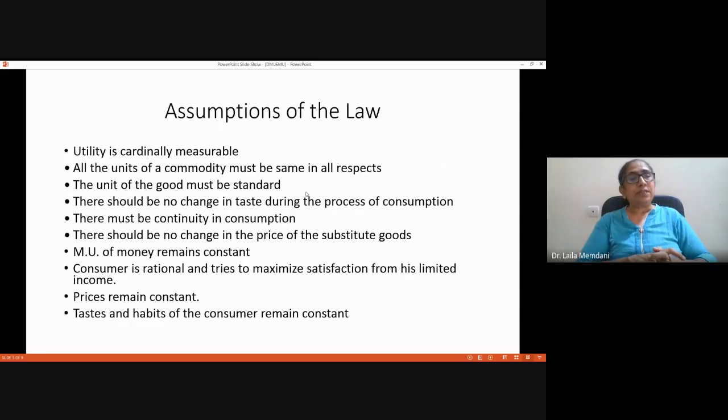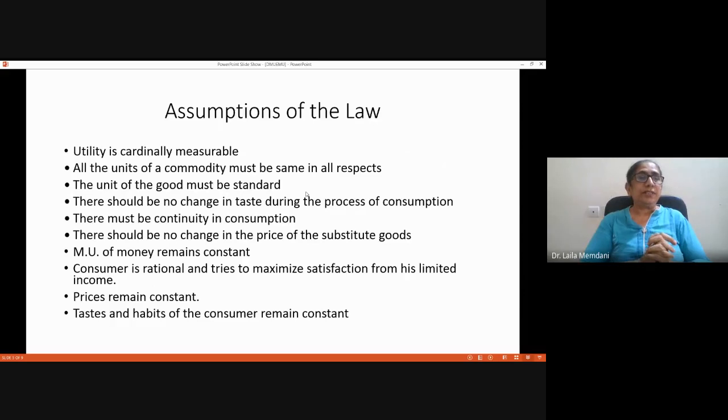The unit of goods must be standard. So when you are eating parathas, you must eat one whole paratha rather than small bites from it. There should be no change in taste during the process of consumption. If, instead of parathas, you start preferring pulkas or dosas, your taste has changed in between, and therefore the law may not apply.